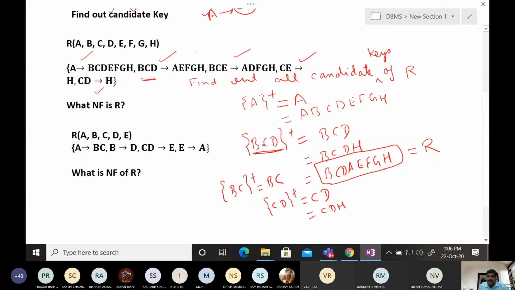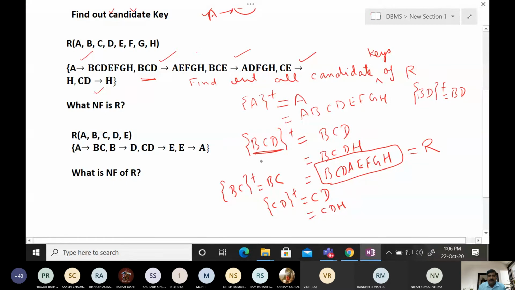Again, if we discard C and take the closure of BD, then we will get BD, and check the left hand side of each FD. No combination of BD. So this combination is also unable to determine all the attributes of R. So BCD is a candidate key.